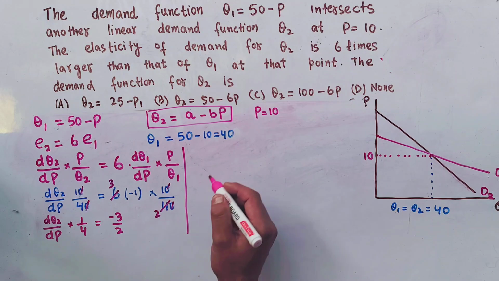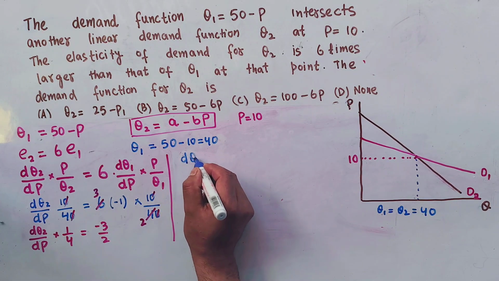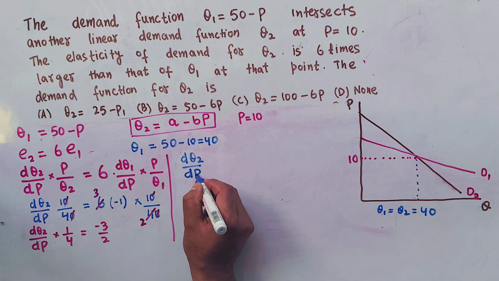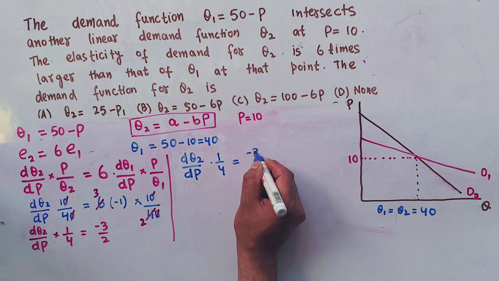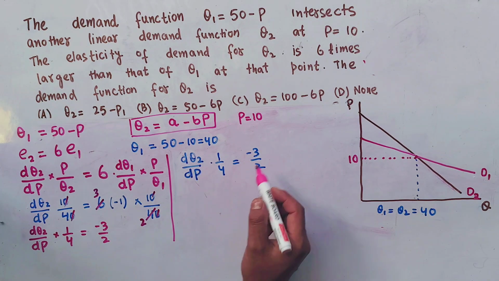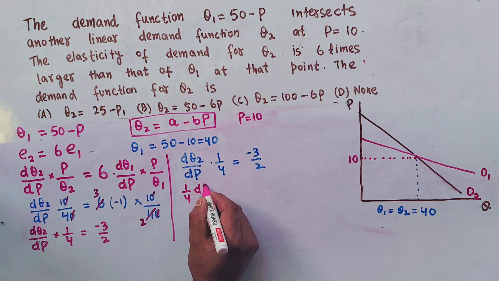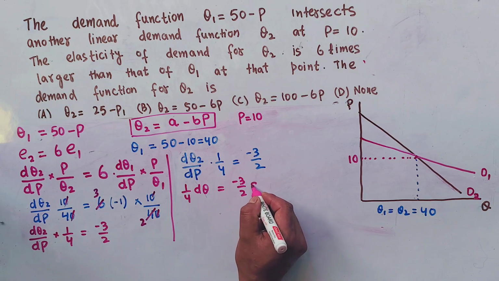Solving further, we have dQ2/dP times 1/4 equal to minus 3/2. Now let us transpose this dP here. So we get 1/4 dQ = minus 3/2 dP.